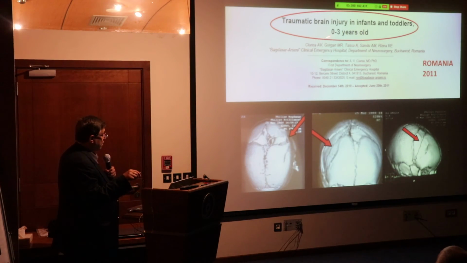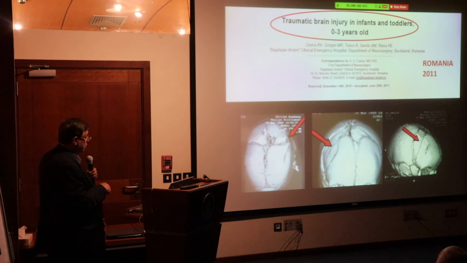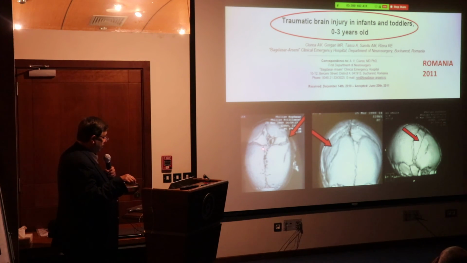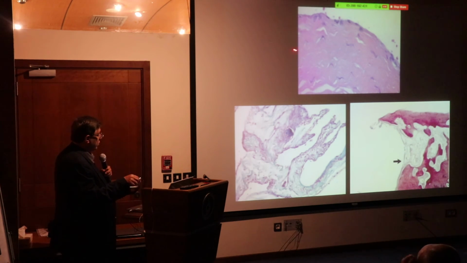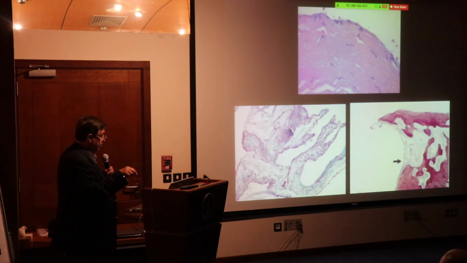Again, this is a disease of toddlers and young children, and if the fracture line is going through a suture line, it will cause it to widen. This is from Romania. So what you get is arachnoid or meningeal cells covered by pericranium. This is the edge of the bone.